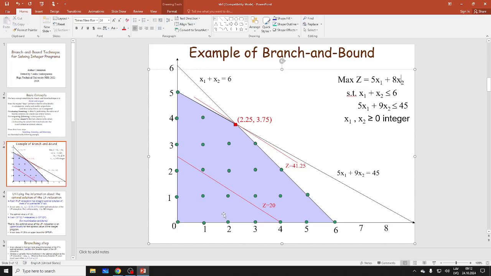Unfortunately, it's not as easy as usual, because x1 and x2 both have to be integers. This means the possible solution might not lie on a vertex, or even on an edge. It might be somewhere inside, possibly here.